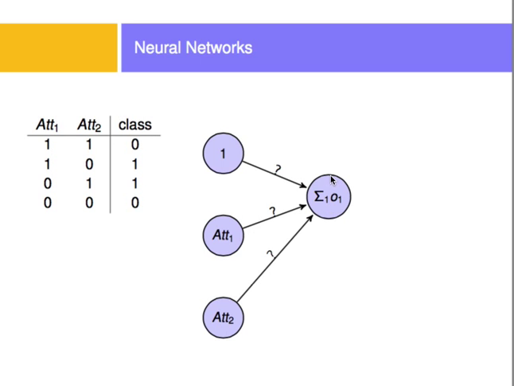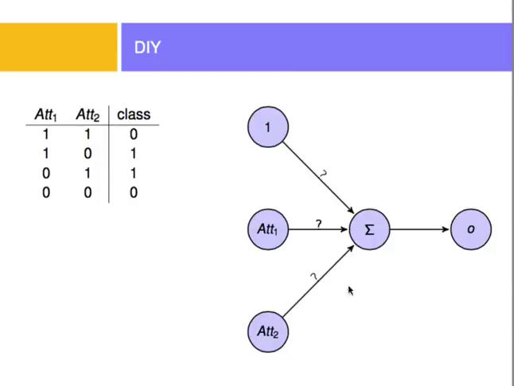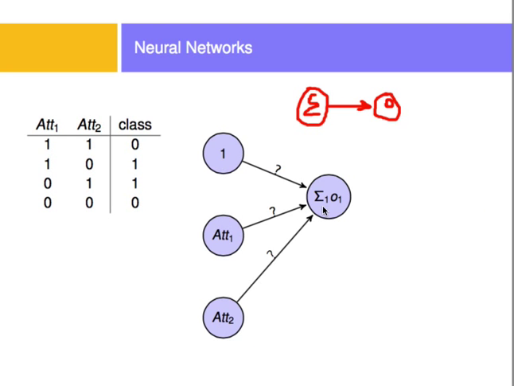This thing here, sigma 101, I will say, just to save space, is equivalent to sigma, then the arrow, and then the output. It's the same as having those two nodes, just like I had here, where I had sigma and my output. I just put them both in one node called sigma output.